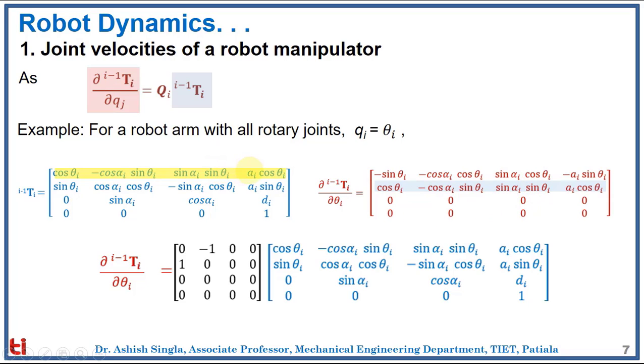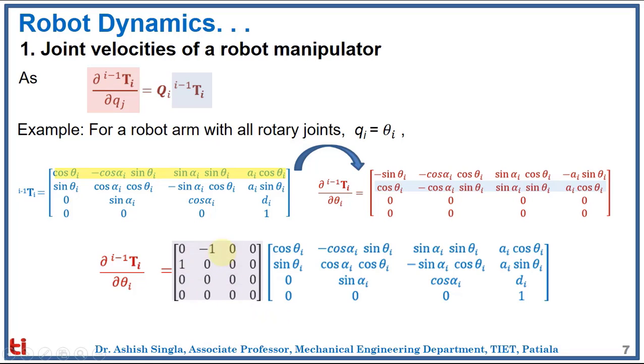The elements of this row are the same, and that is why we have a 1 here. And if we see in the second case, the second row, this row is actually multiplied by minus 1 and then we get this row. And this minus 1 in this matrix is because of that. So hence we get this Q matrix by comparing these two.